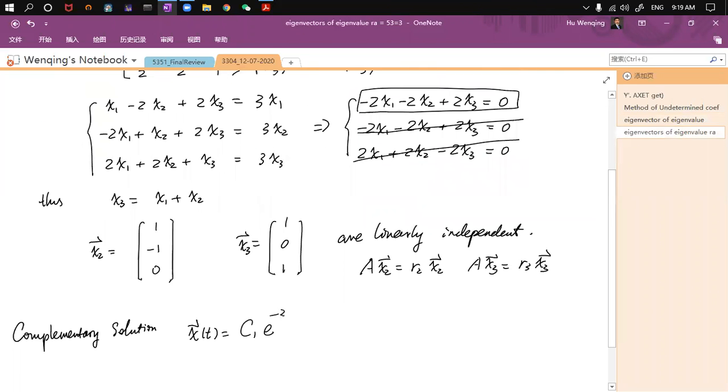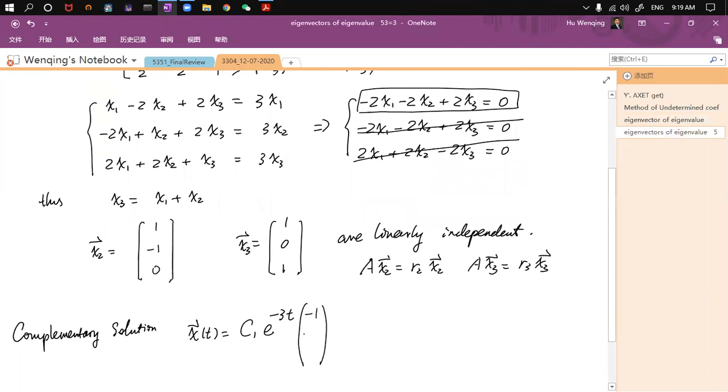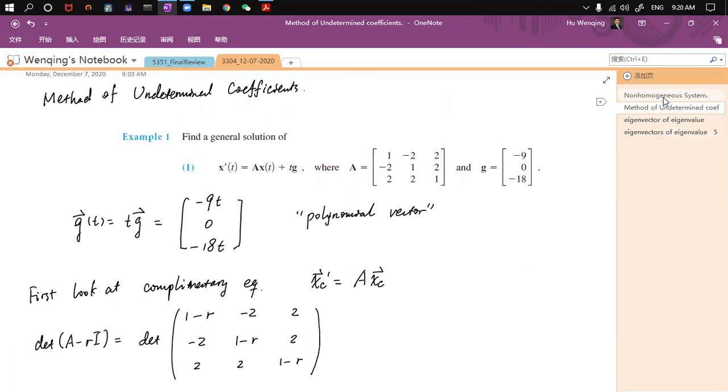So c1 e to the minus 3t multiplied by the first eigenvector, which is minus 1 and 1, plus c2 e to the power of 3t multiplied by 1, minus 1 and 0, plus c3 e to the power of 3t multiplied by 1, 0 and 1. So that's going to be the complementary solution. Is that good for everybody? That finishes the complementary solution part.